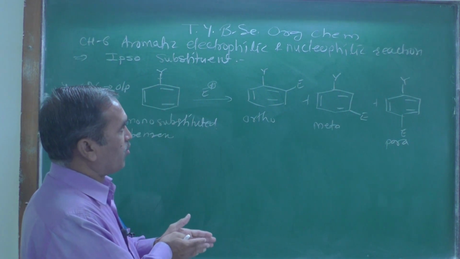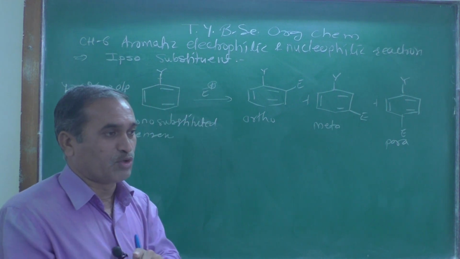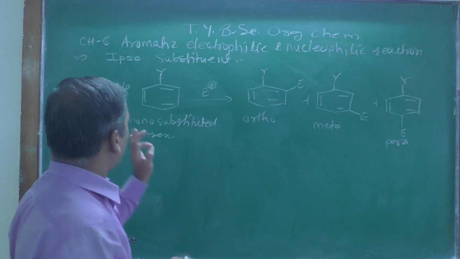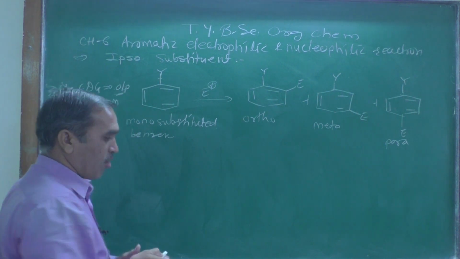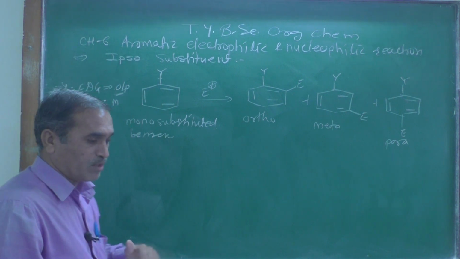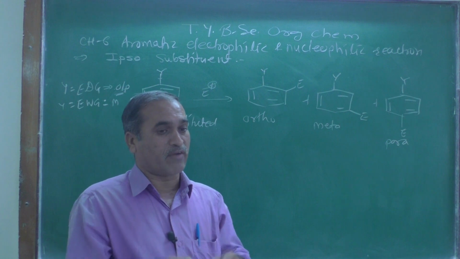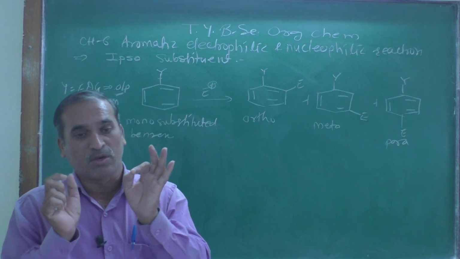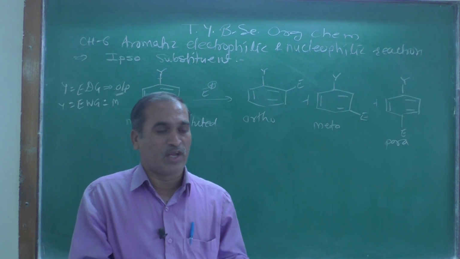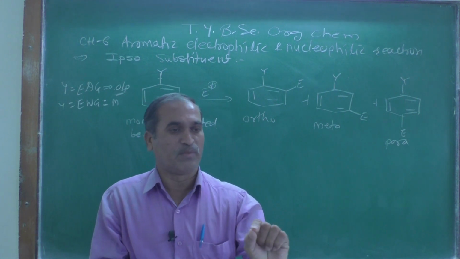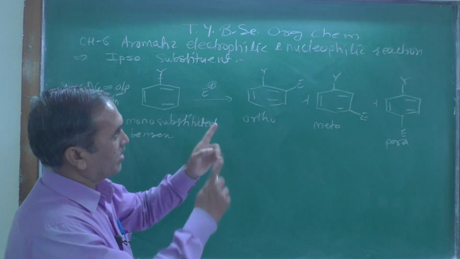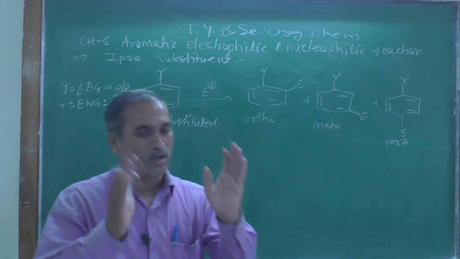The electrophile, as we know, is electron deficient in nature, and therefore the resulting compounds are obtained as ortho-para products. When an electron withdrawing group deactivates the ortho and para positions, the position remaining for attack of the electrophile is the meta position, and we get such a product.